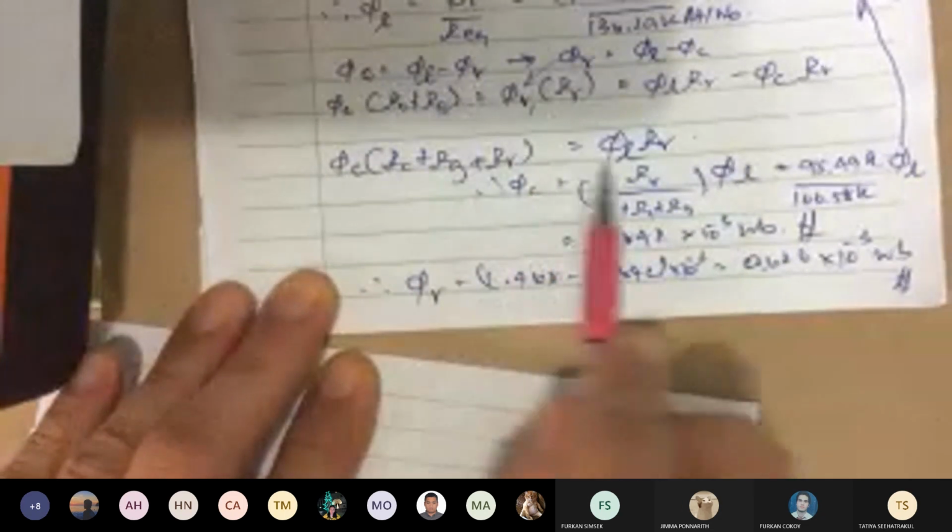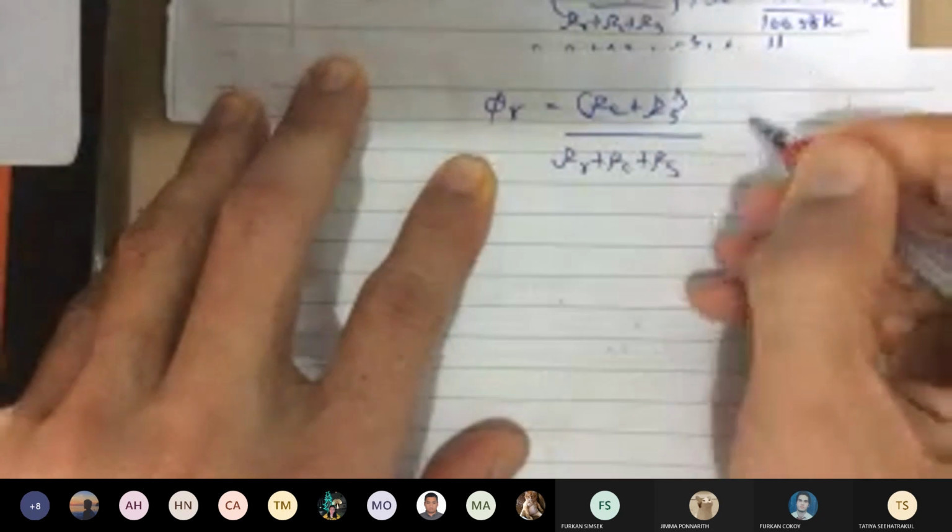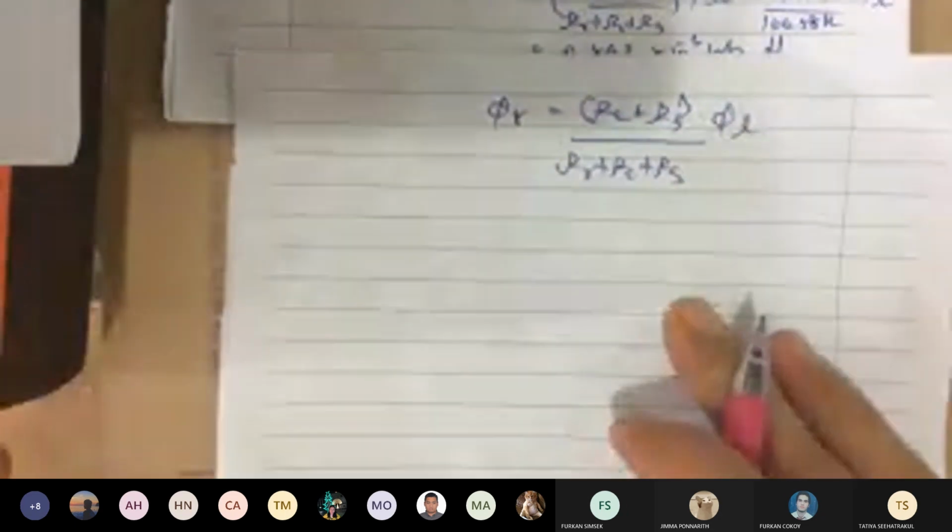Instead of this, I can say phi right equals R center plus RG divided by RR plus RC plus RG times phi L. See, we got that.